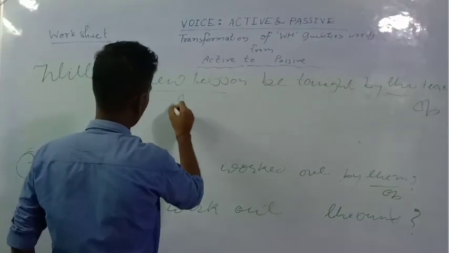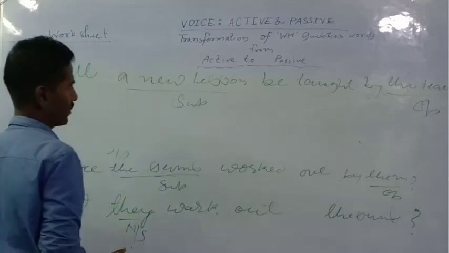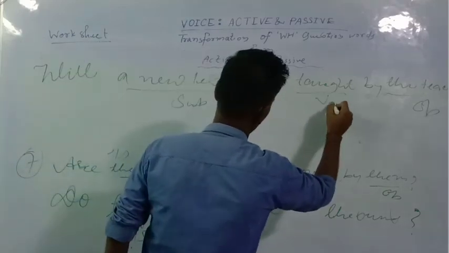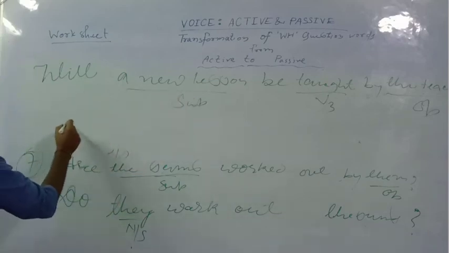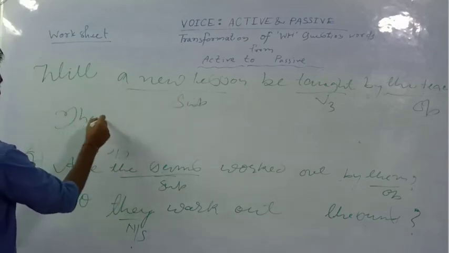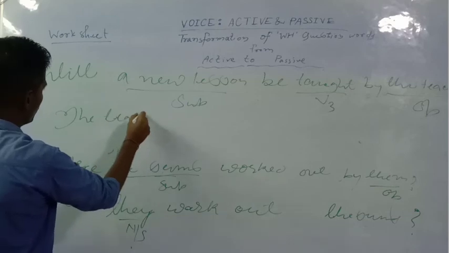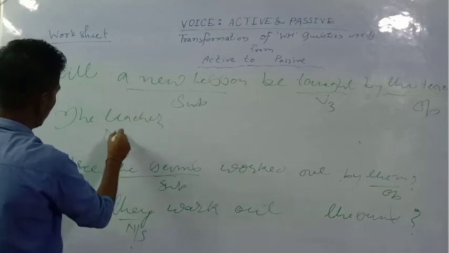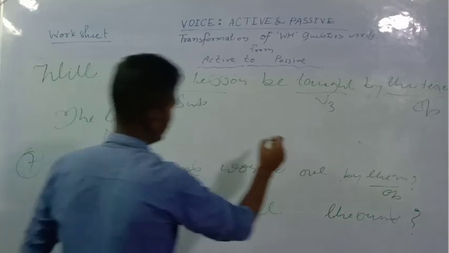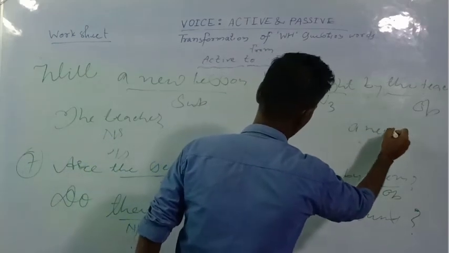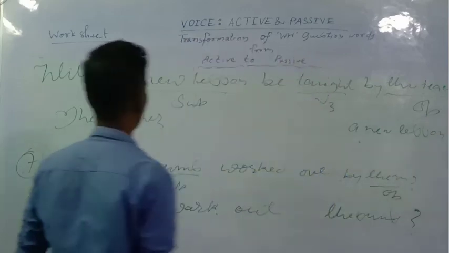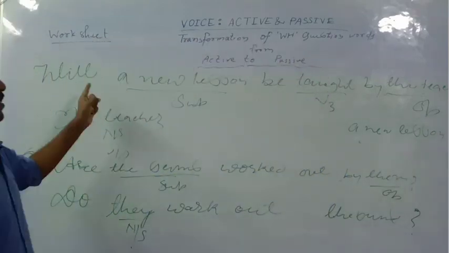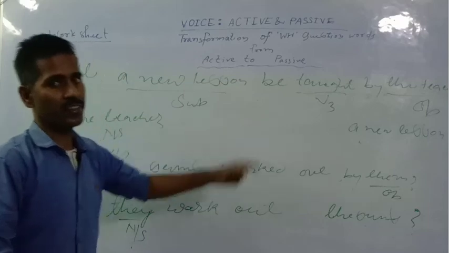A new lesson, subject, taught, V3. Now see, object will come here, the teacher will become the new subject. A new lesson will go there, object place, it will become the new object, a new lesson. Now see here what is there: will be.